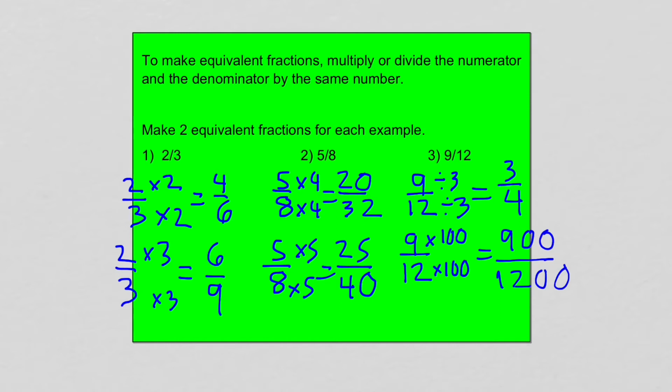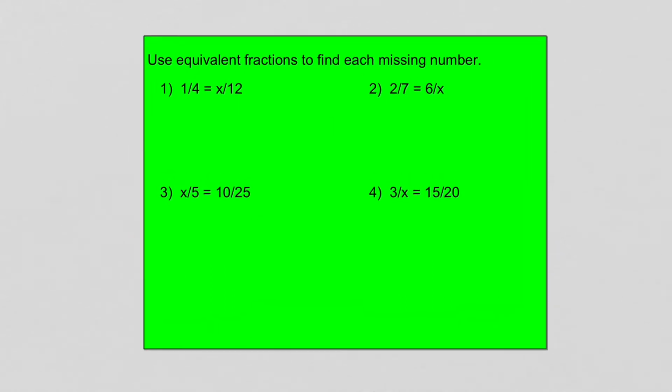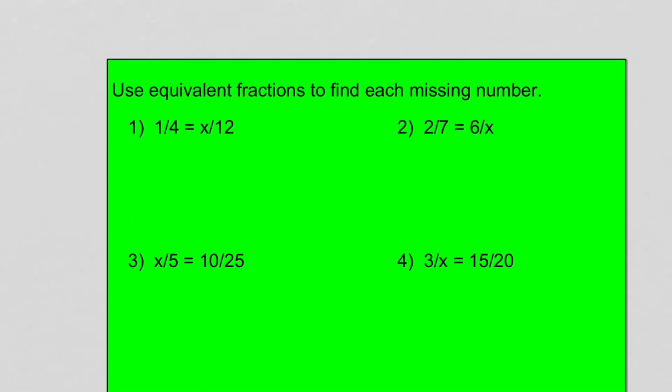Now this idea really helps us with the main focus of this section, and that's solving number puzzles like this. So we're going to solve these number puzzles using equivalent fractions. So I'll show you what I mean. These fractions are all equivalent because they are separated by equal signs. So 1/4 equals x/12. And what I do is I find the numbers that both have numbers, don't have anything missing.